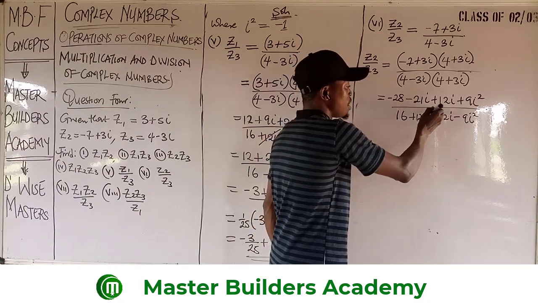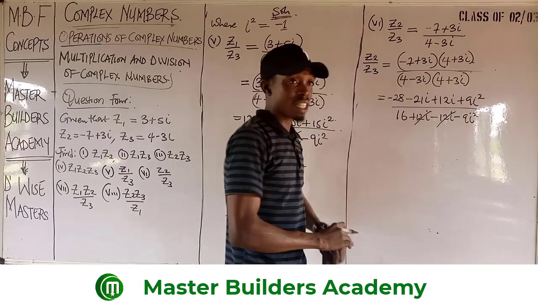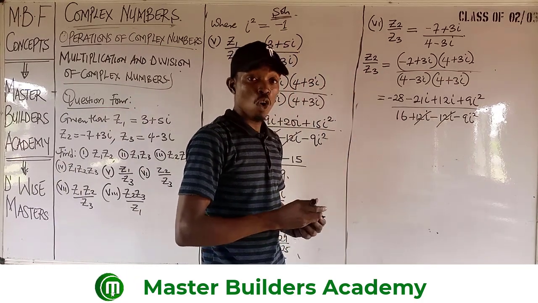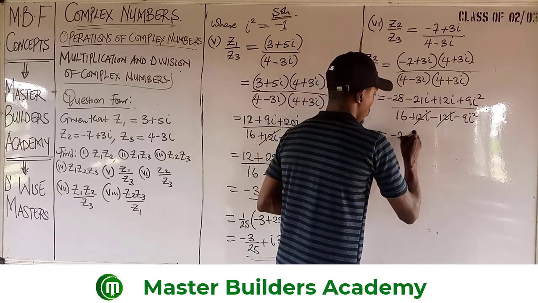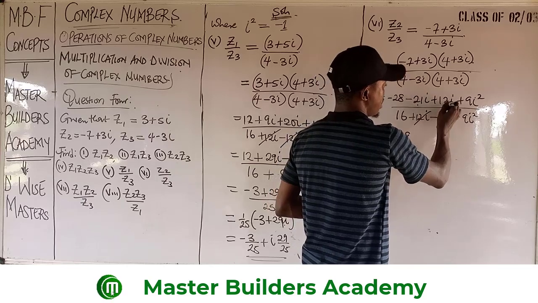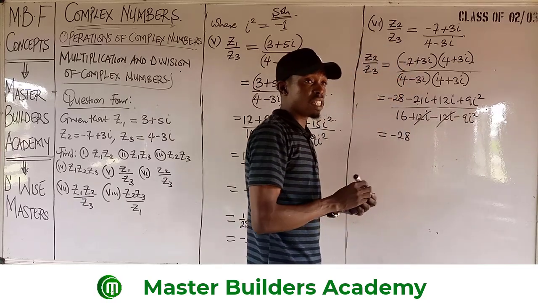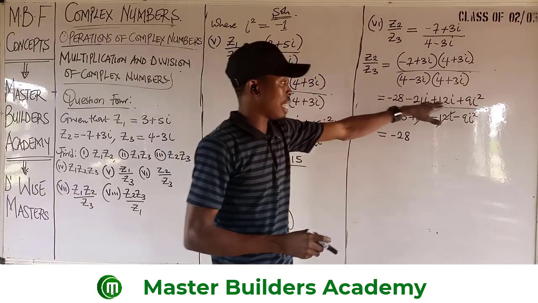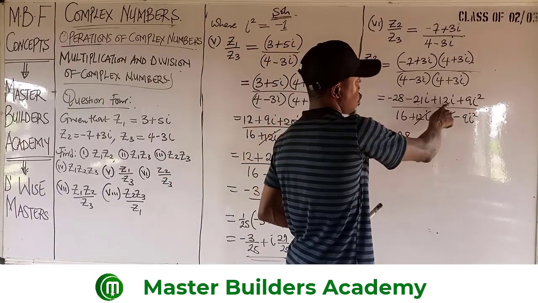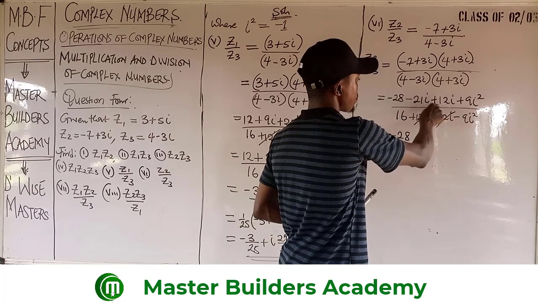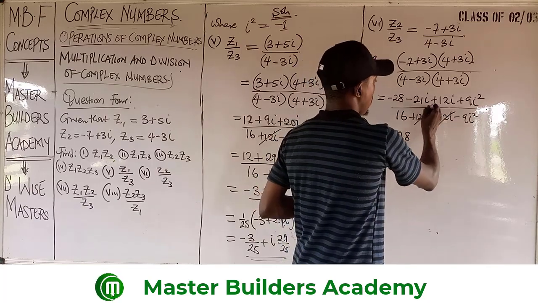But meanwhile, the middle terms in the denominator will always cancel out. This is the essence of rationalization. Alright? So we have this as minus 28 at the numerator. This term and these two middle terms belong to the same category, and as such we can add or subtract them from each other. Okay? So minus 21 plus 12 would have actually given us minus 9.